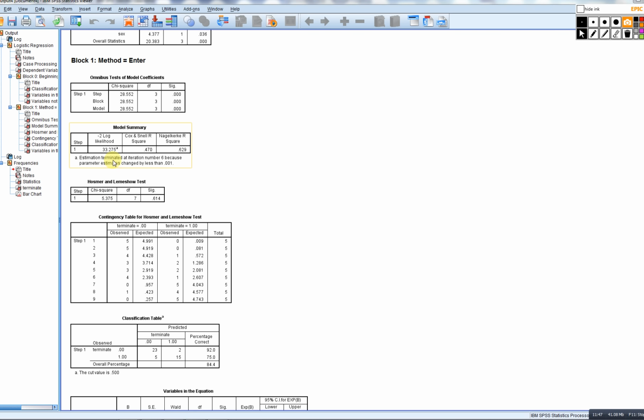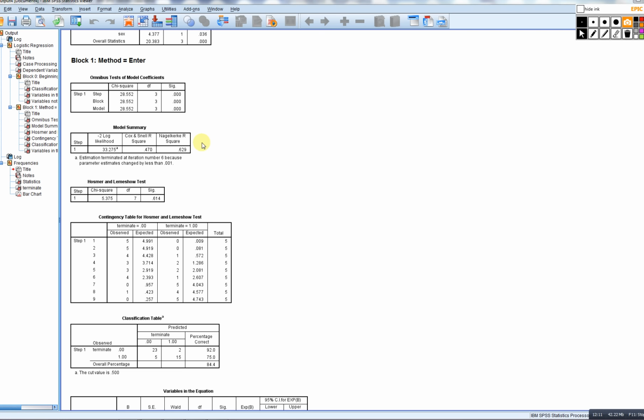This is probably more useful from a comparative standpoint if we're comparing different models. But the Cox and Snell and the Nagelkerke R-square values are what are referred to as pseudo R-squares, and what they're designed to do is to represent sort of an analogy to the R-square value that we have in least squares regression.